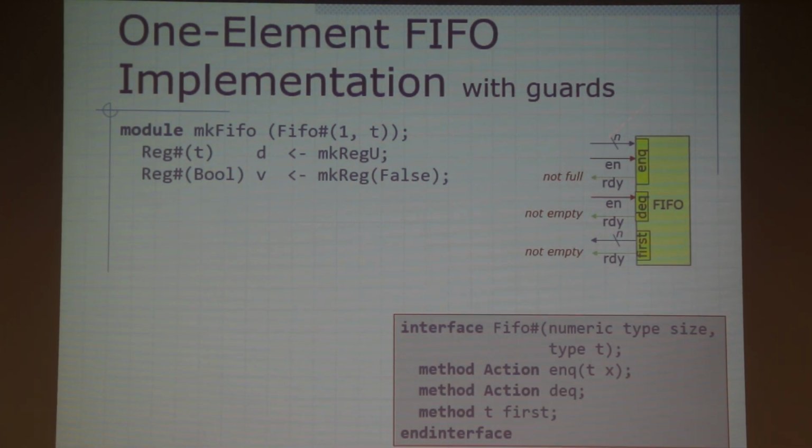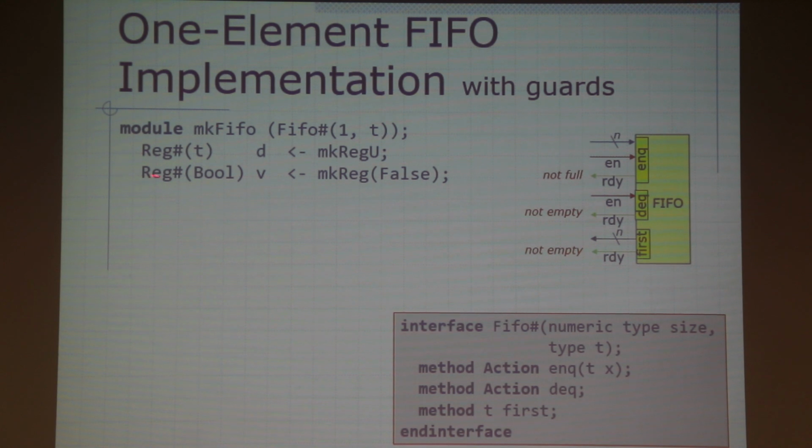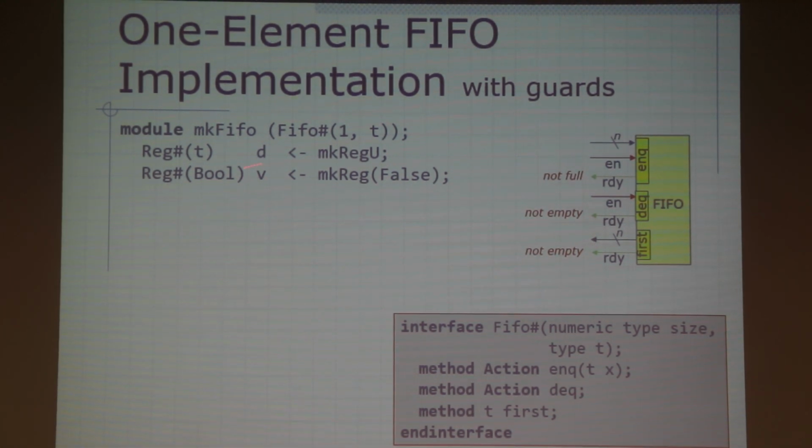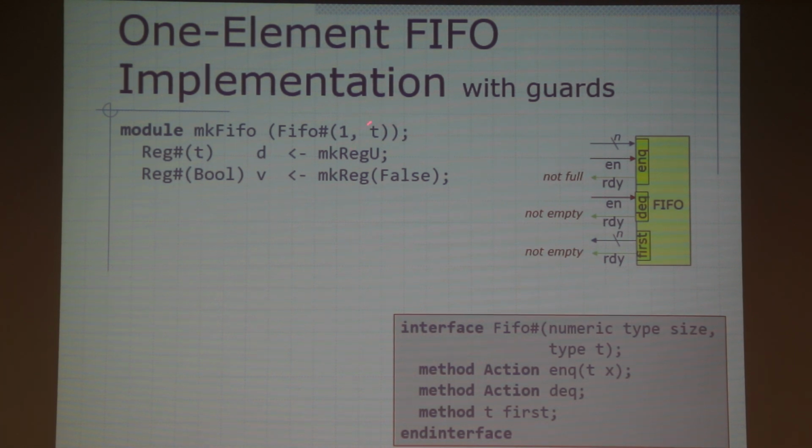So you already know this is the interface, and I have a data register that will hold the value. Oh, by the way, I've never explained what this T was. It's a type. So whatever type you have, the compiler will bitify it and allocate the right size.